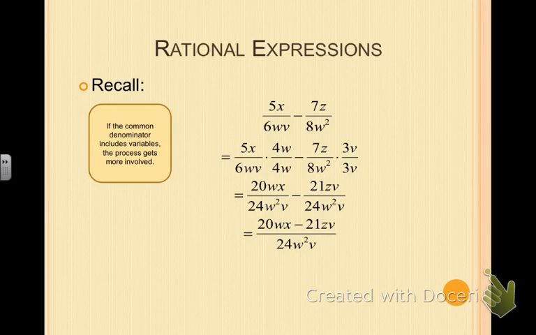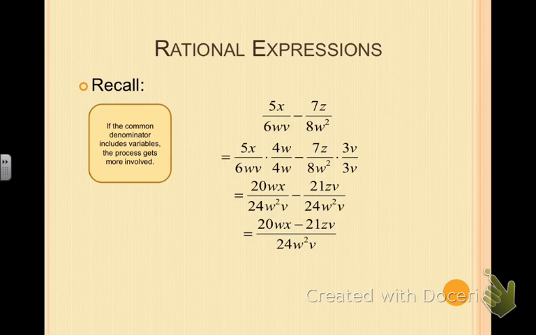In making equivalent fractions with this new denominator, we must multiply 5x over 6wv by 4w over 4w, because 6wv times 4w equals 24w squared v.